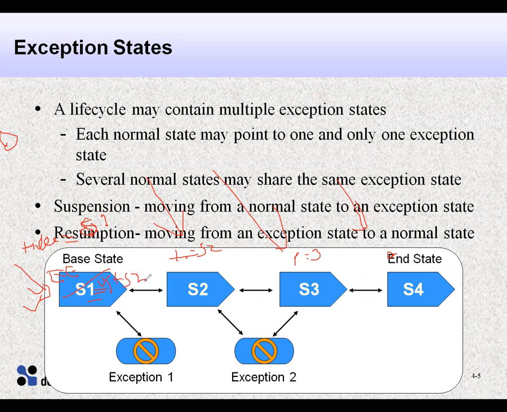Once the value is updated, the system checks again: here the entry criteria is defined that if the title value is S2, then the object can come to this state. And here we have updated the title to S2, so obviously it can enter, because it fulfills the entry criteria for this state.